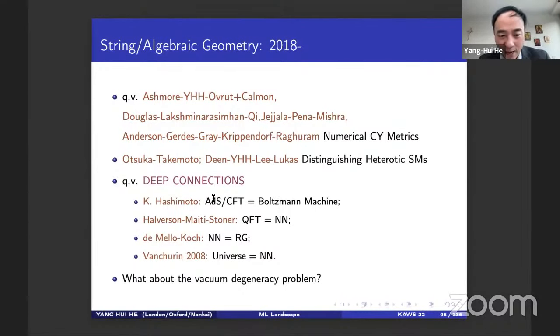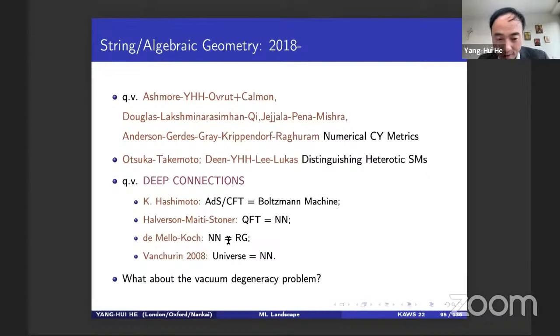So Hashimoto showed that the AdS/CFT correspondence can be rephrased into a Boltzmann machine, which is again a type of unsupervised machine learning algorithm. Halverson wrote this very nice paper that QFT itself, appropriately defined, is a neural network, in the sense that there's some input feature and some output feature, and then all of QFT can be rephrased in this one.